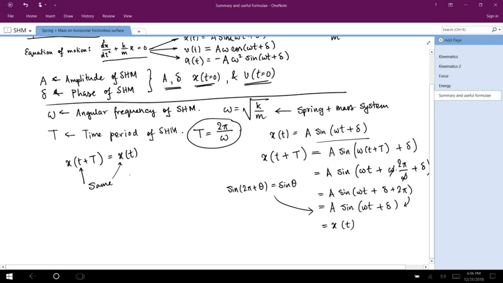So that means the motion is periodic, and the time period of that motion is simply T equals 2 pi over omega. Other quantities that are interesting: 1 over T is also often referred to as f, the frequency of oscillations for the SHM.